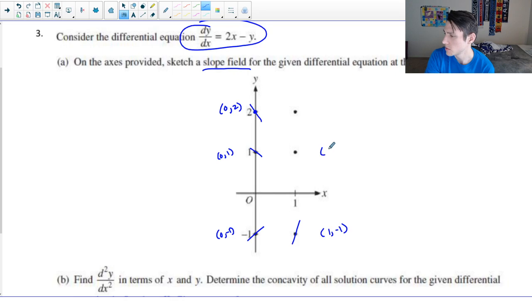Over here, (1, 1). 2 times 1 is 2, minus 1 is 1, so just a positive slope of 1. And then up here at (1, 2), 2 times 1 is 2, and 2 minus 2 is 0. A slope of 0 is just a horizontal line.